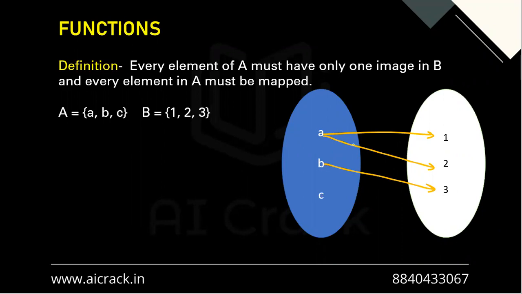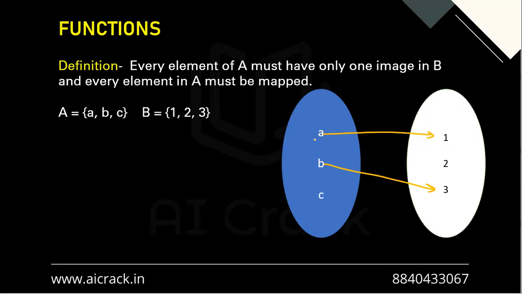If this alone is happening, then also it's not a function. Let's say if this is also mapped, then also it's not a function because it has two images. And let's say if this is happening, A just has one image, B has one image, but C doesn't have any image. In that case also, it's not a function. All right. So this is the basic definition of functions, the mathematical definition of functions.